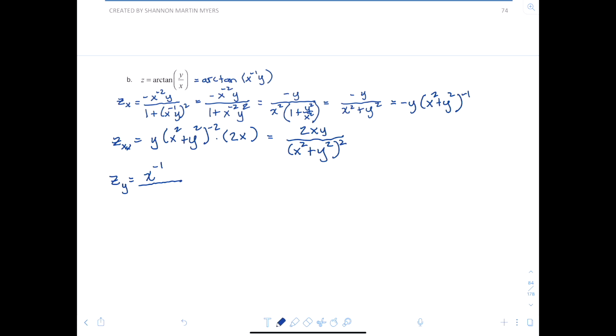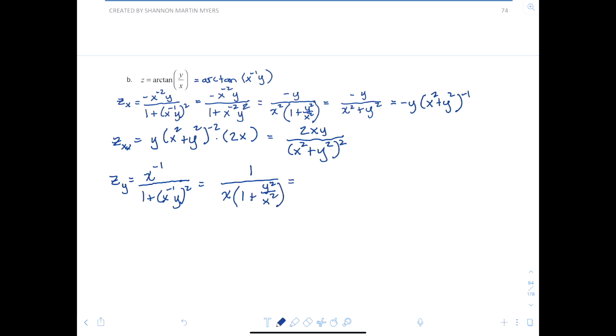Good, we'll get the same here: 1 plus x to the negative 1 times y squared. And so that will be 1 over x times 1 plus y squared over x squared.